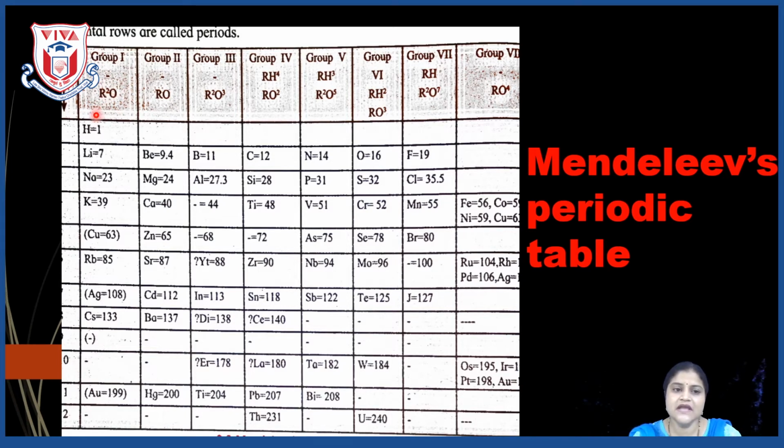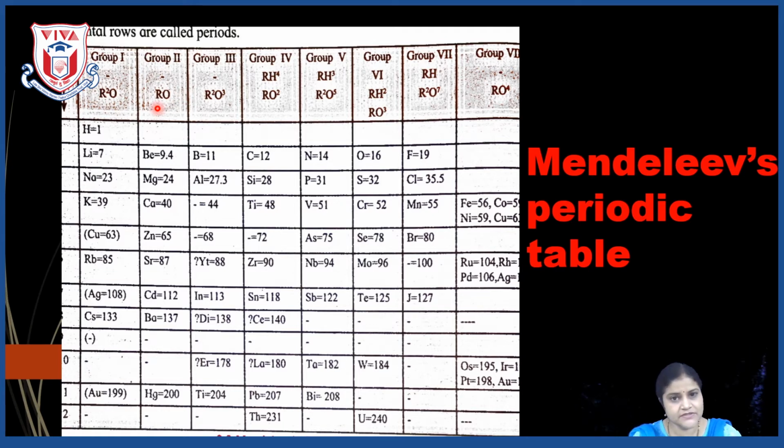Now here if you see R2O, the valency of oxygen is 2 and the valency of R, maybe a metal, is 1. So the compound formed is R2O, crisscross written as R2O. If you go to group 2, it's written RO.